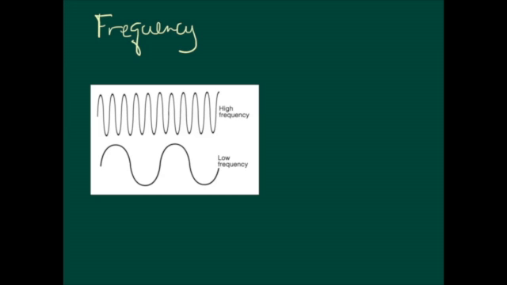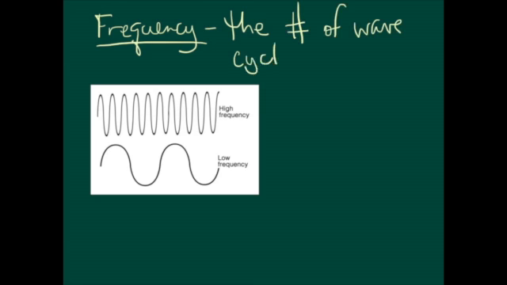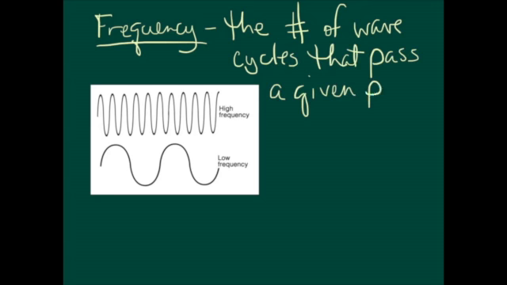Very similar to period is frequency. Frequency is the number of wave cycles that pass a given point in 1 second. Notice in the diagram, waves that have a high frequency are very close together. You're going to get more waves passing this point in 1 second if the wave is moving in this direction.